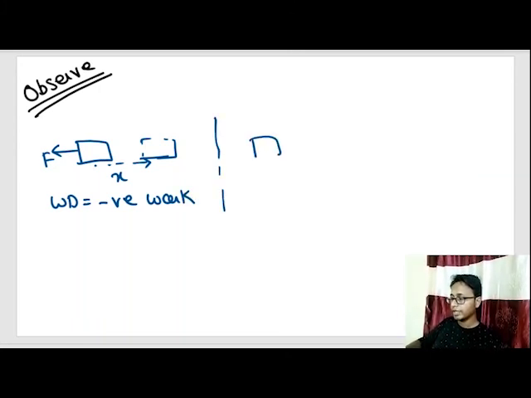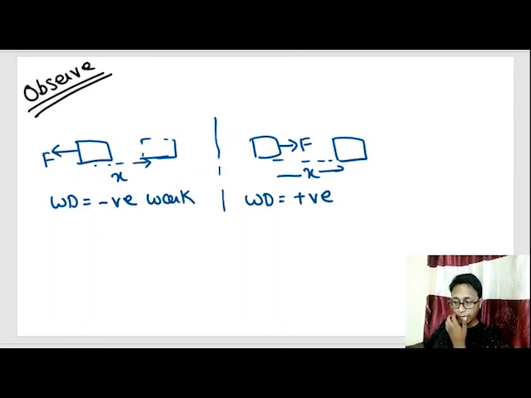When the direction of force and the direction of displacement are the same, the angle between force and displacement is 0. Therefore work done is positive work. Whenever the angle between force and displacement is more than 90 degrees, it becomes negative work.